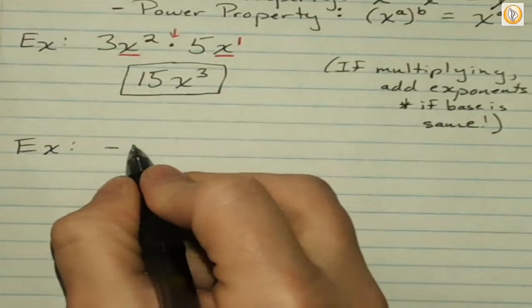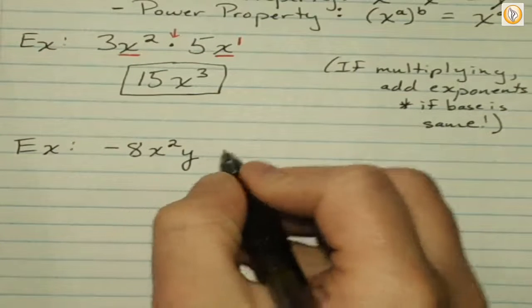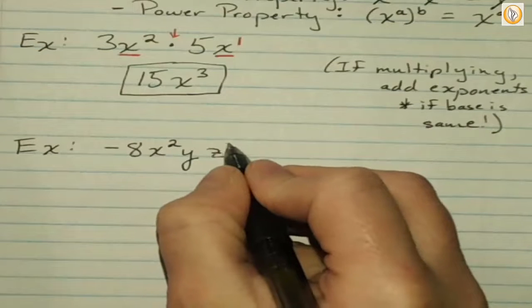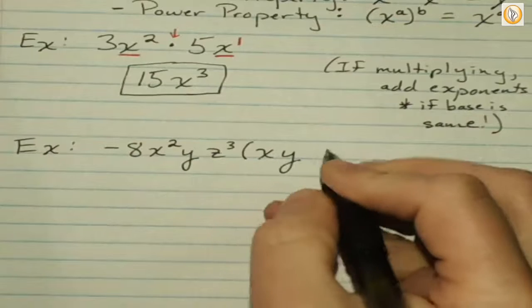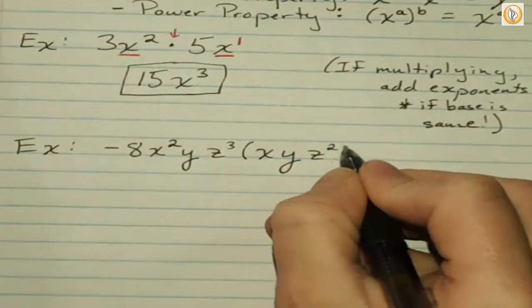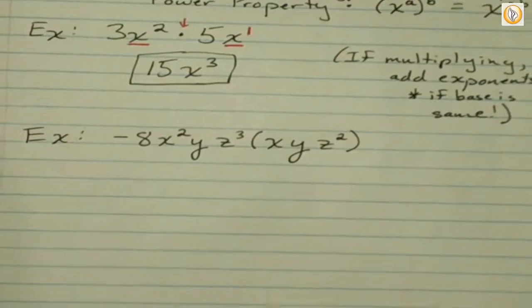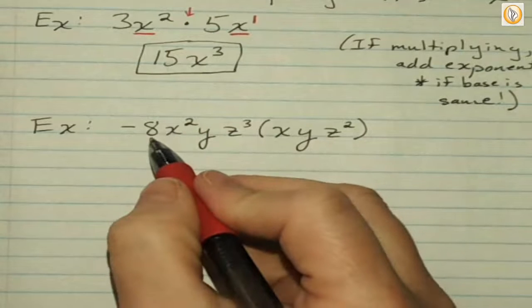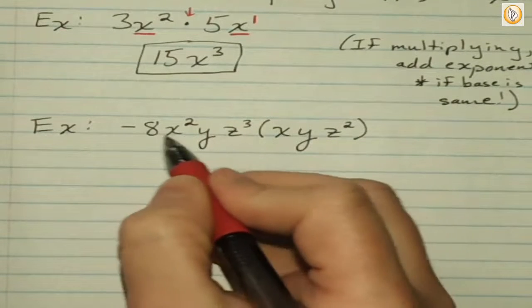All right. -8 x squared y z to the third power times x y z to the second power. Okay. Write it down. Now, first of all, all of this, what operation is taking place with 8 and x and y and z, Gabby?